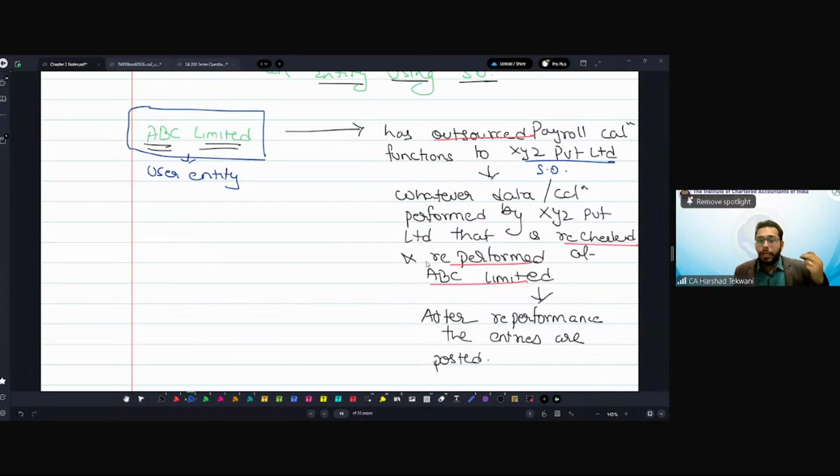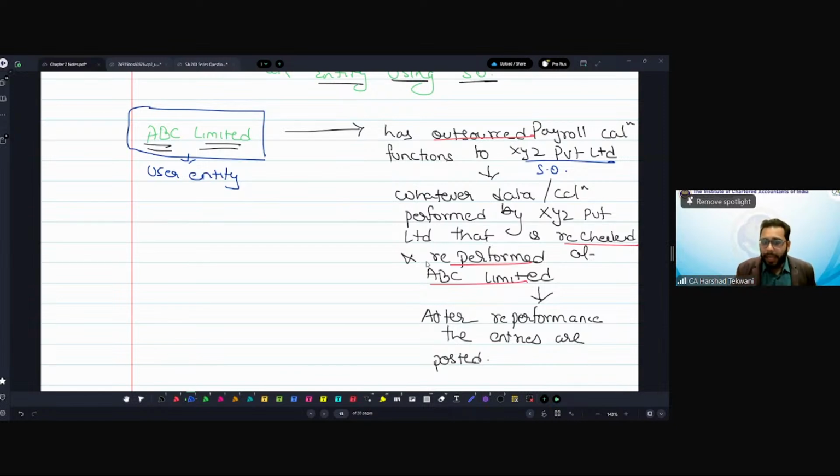Now coming to the data that is being reperformed by ABC Limited. If some activities are being performed at ABC Limited, then I will check it as a normal audit. From where the data is coming is important for me.